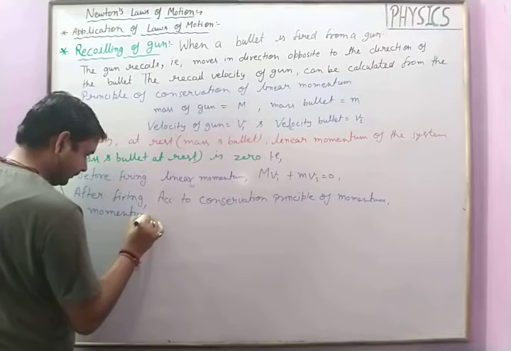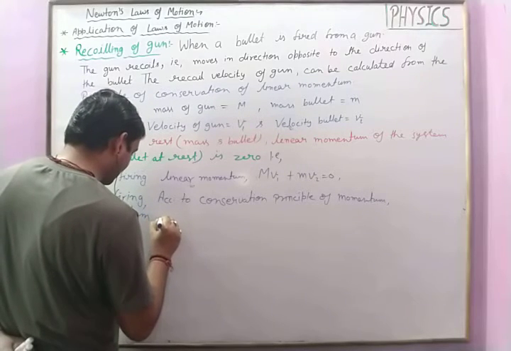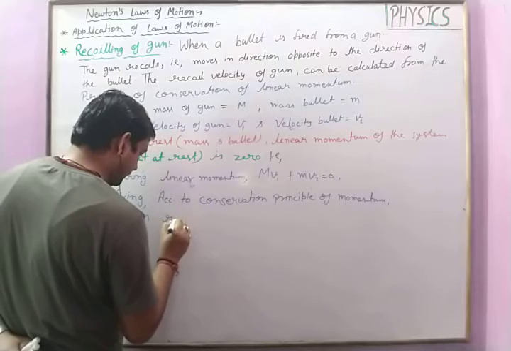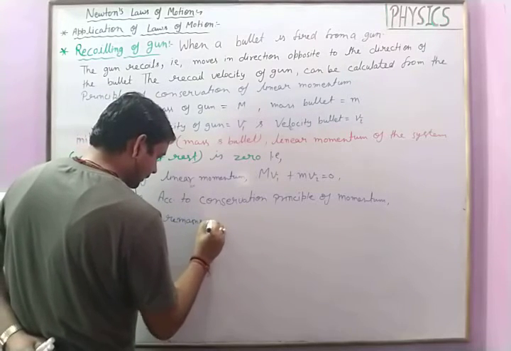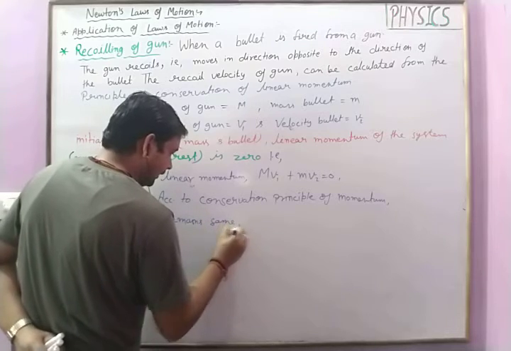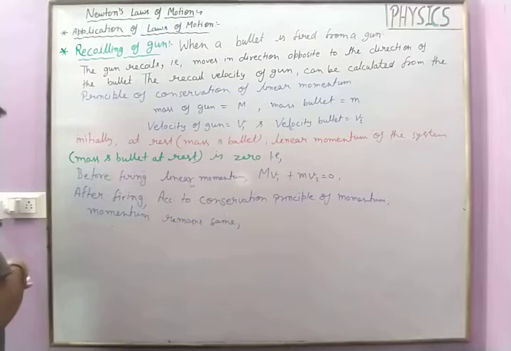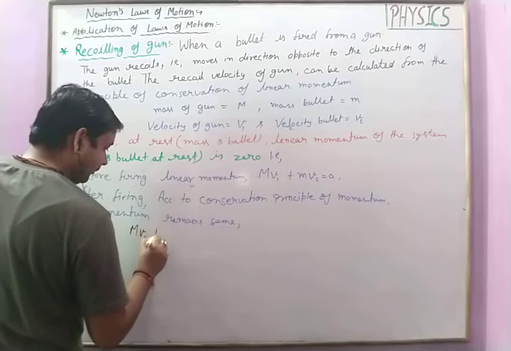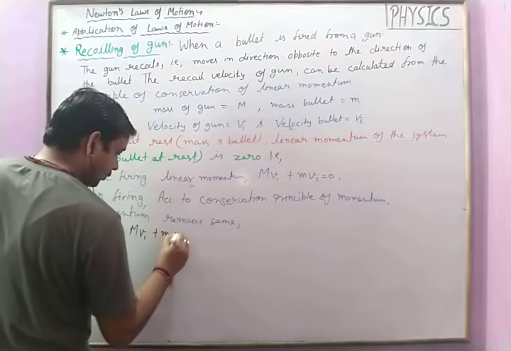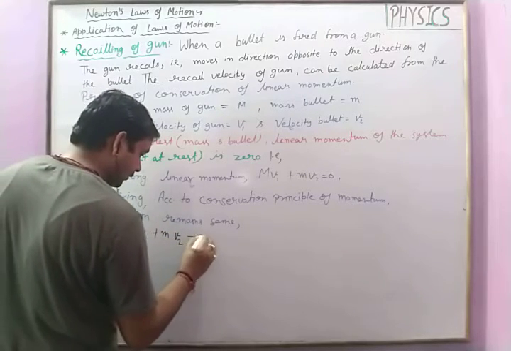Momentum will not change, or we say momentum remains the same. Therefore, Mv1 plus mv2 is equal to 0.